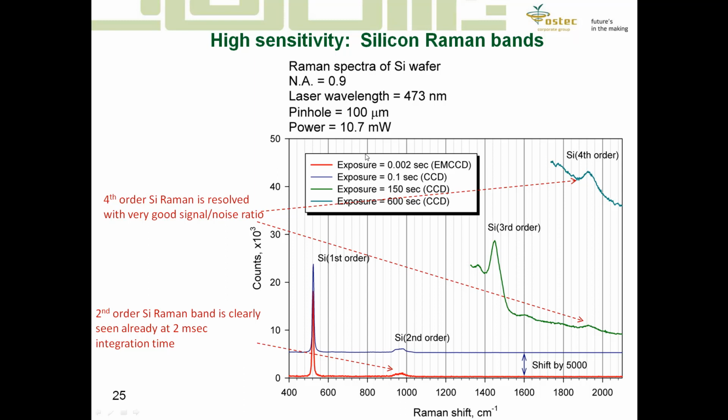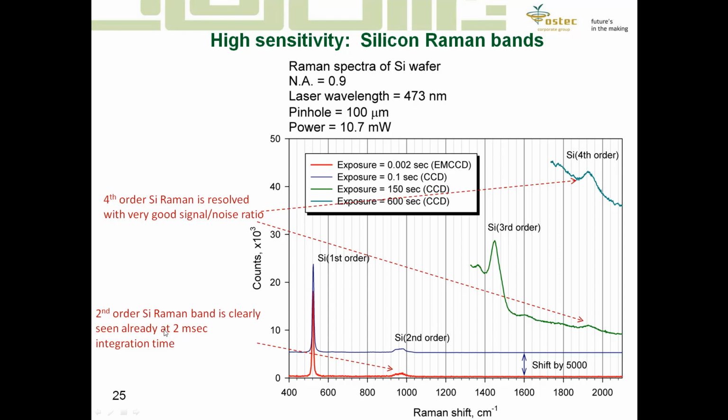An air objective, not oil immersion, was used, and the fourth order of silicon can be detected in just 150 seconds easily, and is clearly resolved in this case. To get a better signal to noise ratio, an exposure time of 600 seconds can be used, and then it shows really good signal to noise ratio.